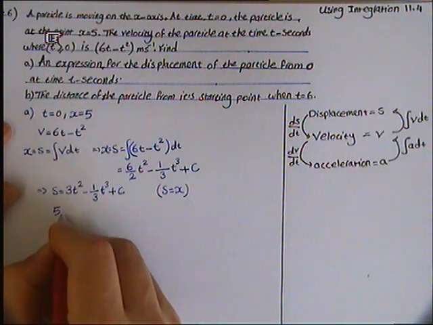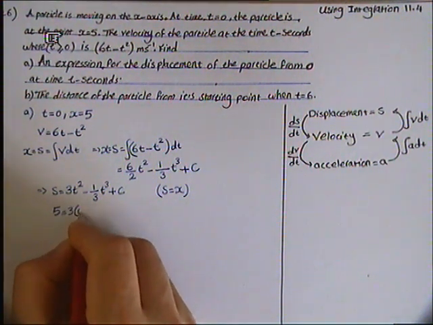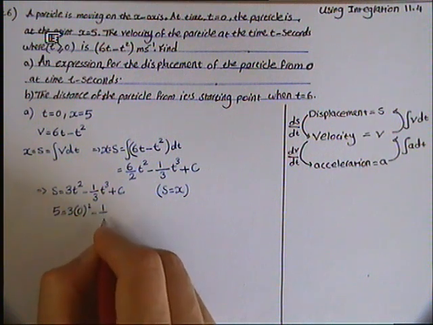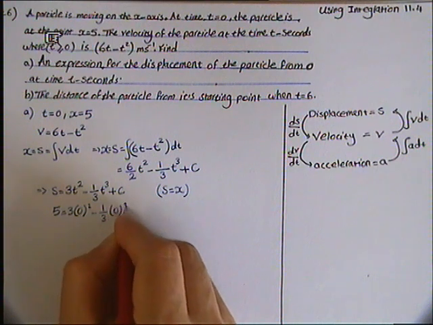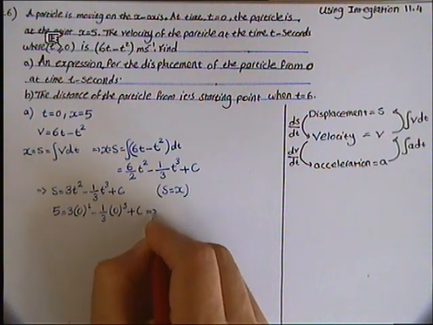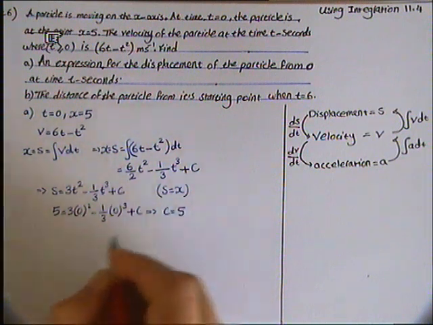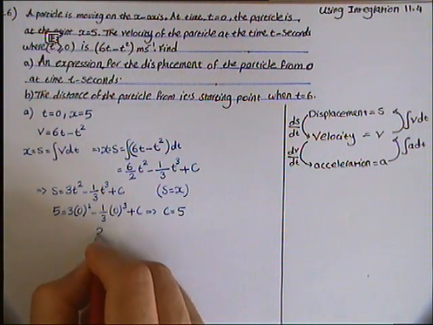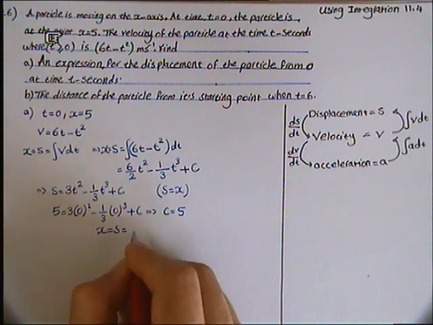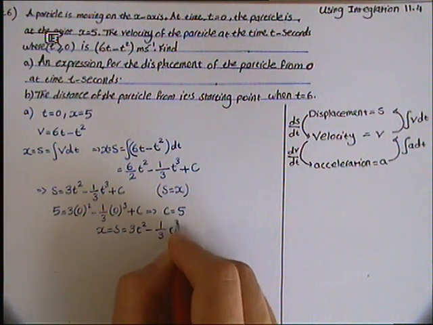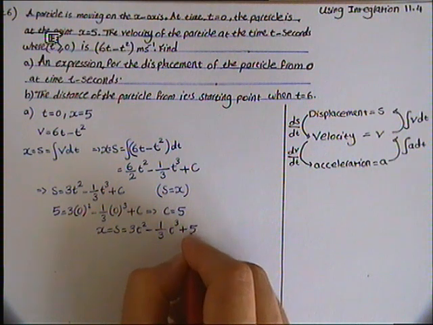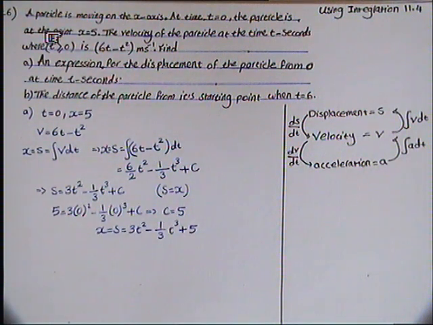Therefore, 5 equals 3 times 0 squared minus 1 over 3 times 0 cubed plus c. Therefore, c is equal to 5. And finally, x or s is equal to 3t squared minus 1 over 3 t cubed plus 5, which is the answer for part A.